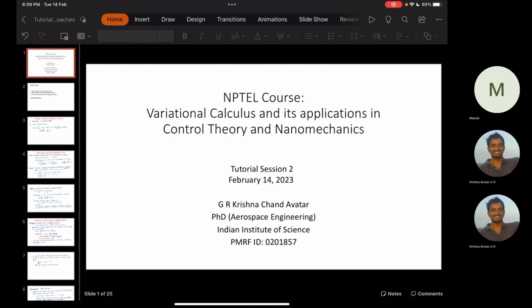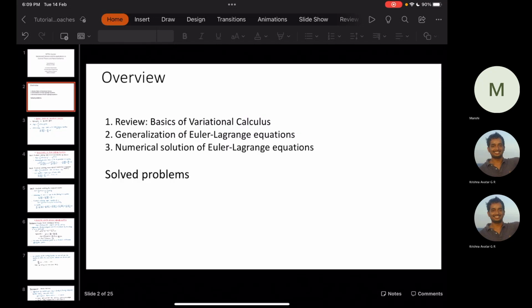Okay, so let me begin with the overview. In today's session, I would be reviewing the concepts that we had discussed in the previous tutorial sessions, especially the basics of variational calculus. Then we would be continuing a brief discussion on generalization of Euler-Lagrange equations.